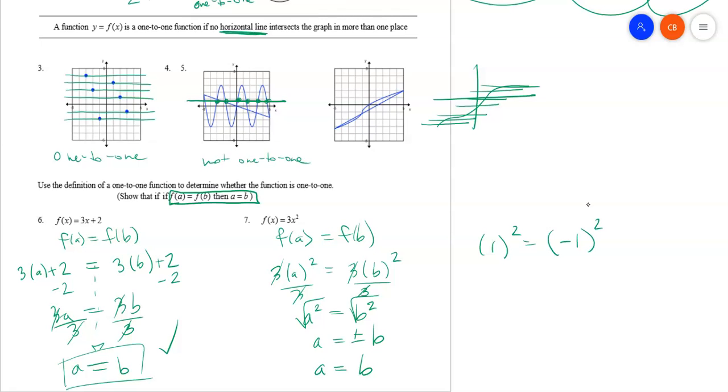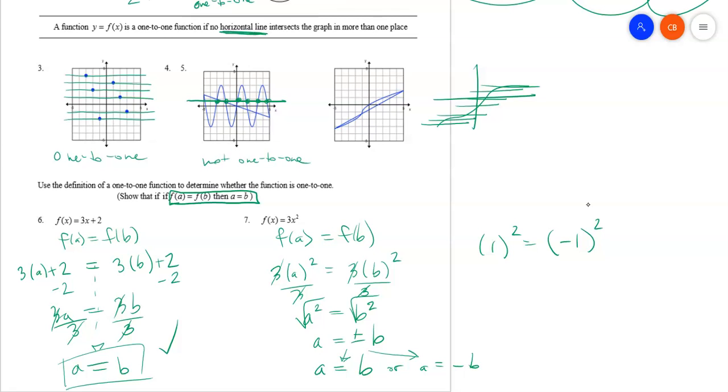So if you just take the square root on both sides, it's not really safe to do so, because you might end up with a funny equation. And so a is equal to plus or minus b. This actually gives us two equations: a is equal to b or a is equal to negative b.